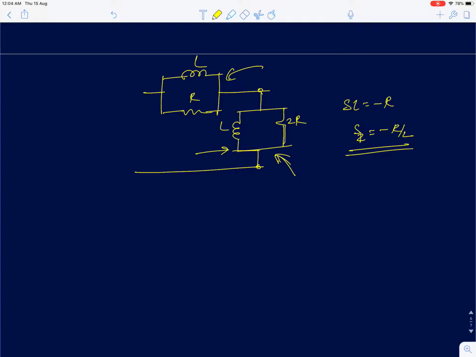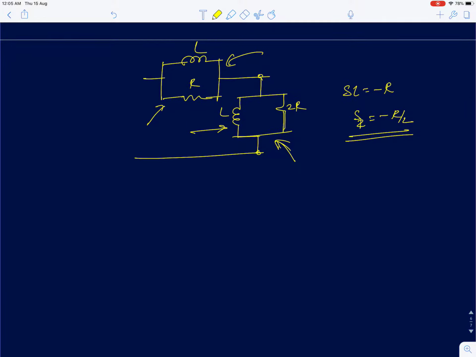Again, this will blow up to infinity at minus 2R by L, but that's not a condition for a 0. At the frequency minus R by L, the impedance of this part is finite. So the 0 can be found by using this, and the 0 is at minus R by L.